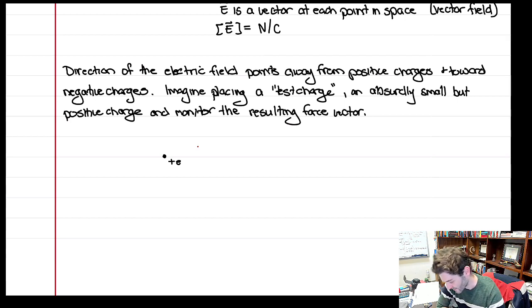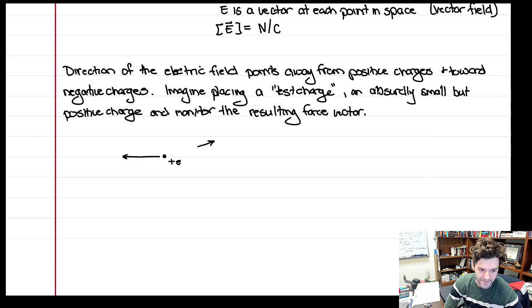Right, so I can imagine if that little red dot were a tiny positive charge, I would expect the force to point in this direction. So we say that's the direction of the E field at that point. If I were right here, very close to the positive charge, and I put another tiny positive charge there, I'd probably get a big old force vector that would point to the left. So that's the direction of the E field there.